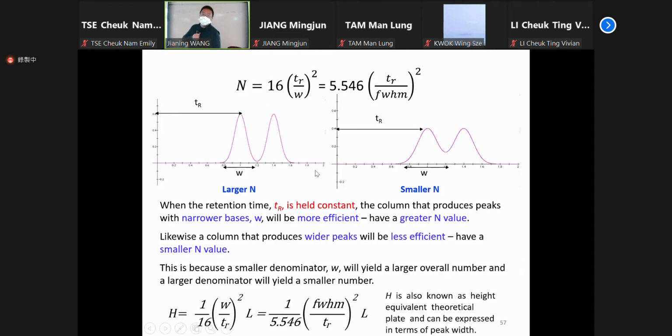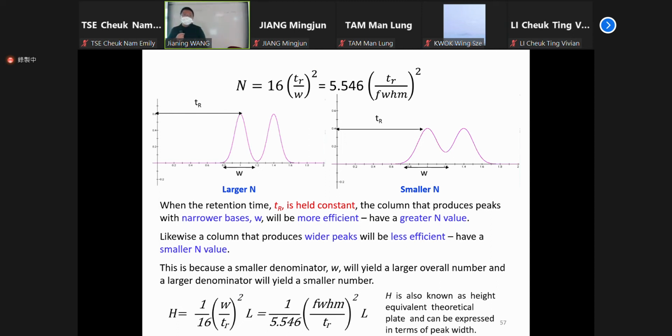So here, when you see n or h, they are actually the same thing, because they are both related to L. h equals L over n, or n equals L over h.